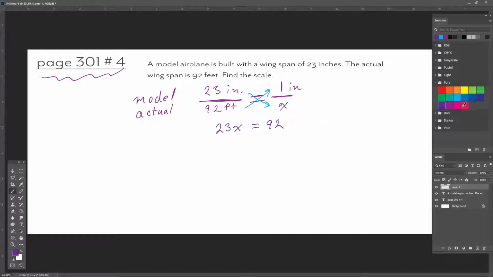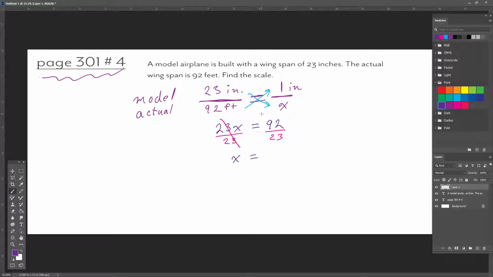Then we're going to divide both sides by 23. So those cancel, leaving us with just an x on this side. And then we've got to divide that.